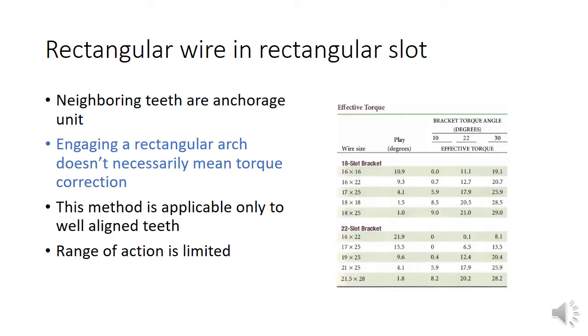As you can guess from this table, it is clear that only engaging a rectangular arch wire doesn't necessarily mean correction of the torque of the tooth all by itself.